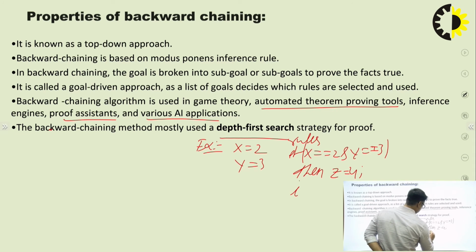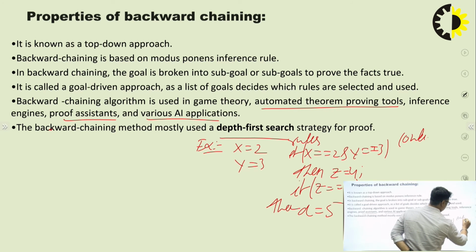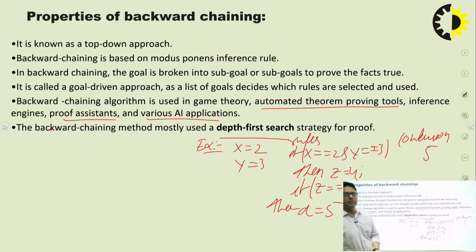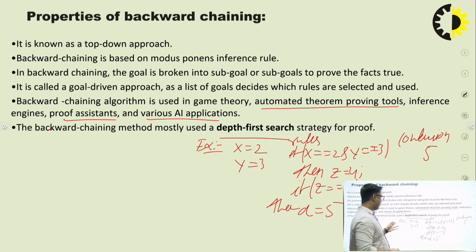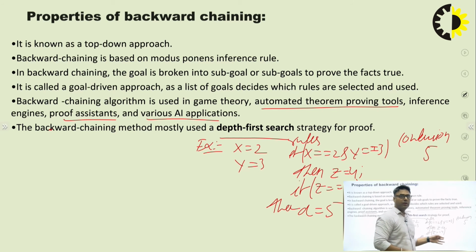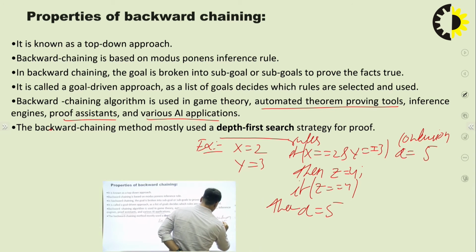If the condition arises again, z equals 4 and my a value is, then the a value is 5. So the final conclusion found is 5. That example was already discussed in forward chaining. In forward chaining I move from the given data to the conclusion, but in backward chaining first you have to check the goal. The goal here is a equals 5.